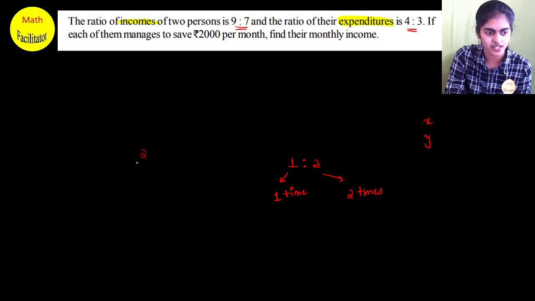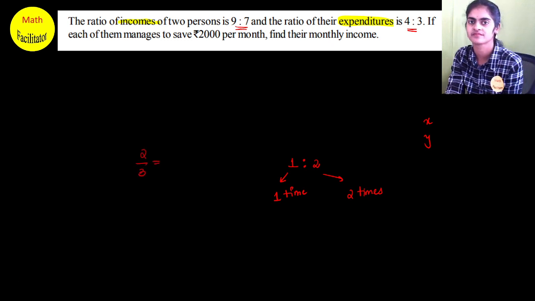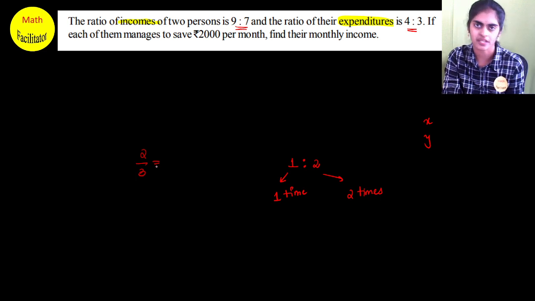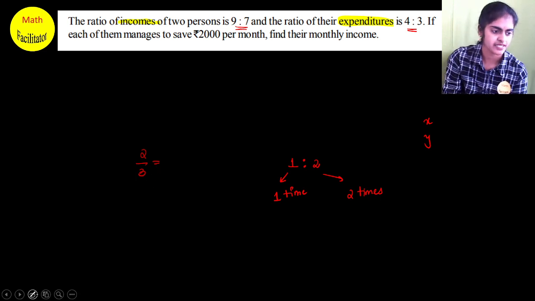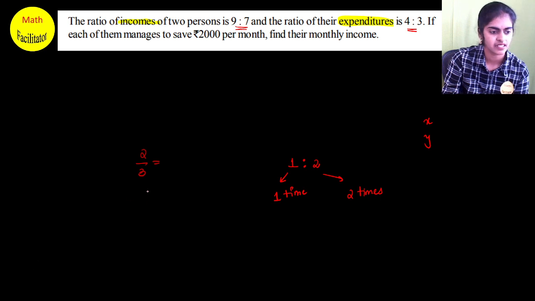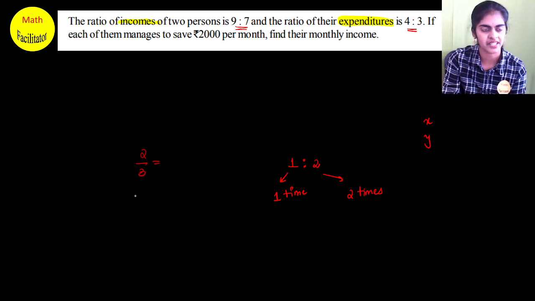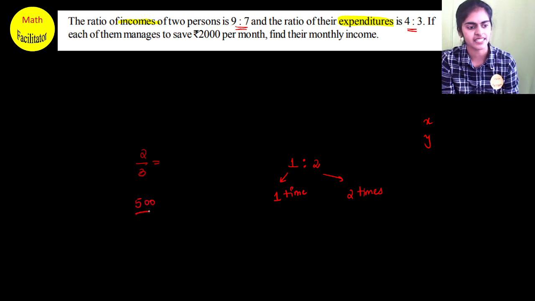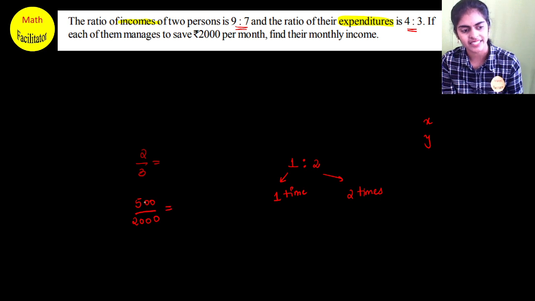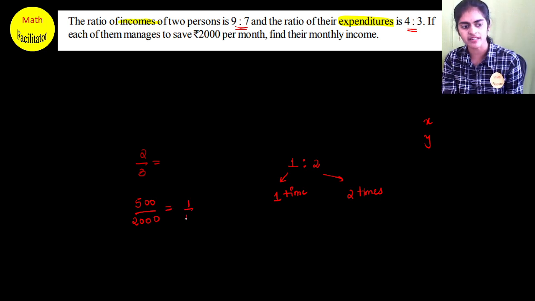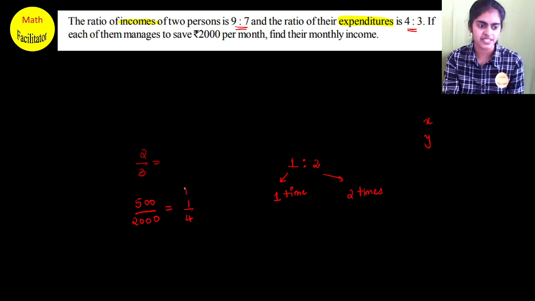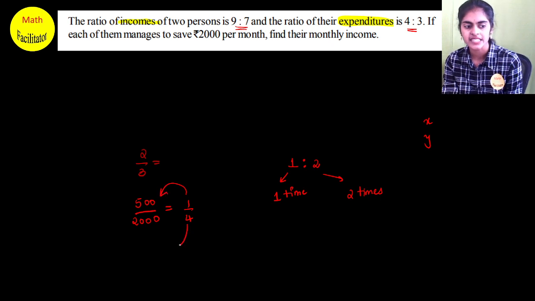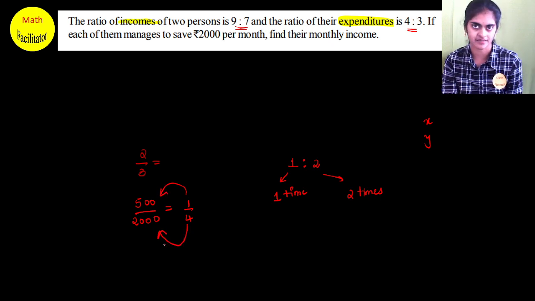Suppose the ratio is 2/3, the ratio is 2/3 of something. Let me give you a very practical example. Suppose the first person's income is 500, the second person's income is 2000. When I take the ratio of this, I get 1:4, which means the first person's income is one part, the second person's income is four parts.